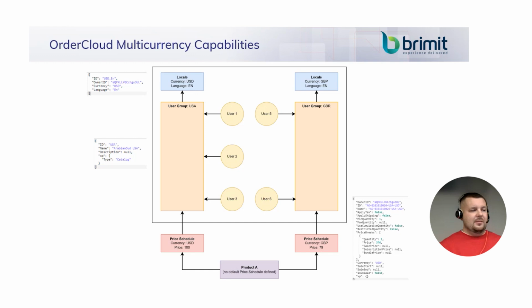Also, a product has an assignment with a product price schedule and user group, and according to all this we can see different prices. So it depends on how the user group is configured, how assignments are configured between user group, locales and price schedules, which price and in which currency the user will be able to see the product price.